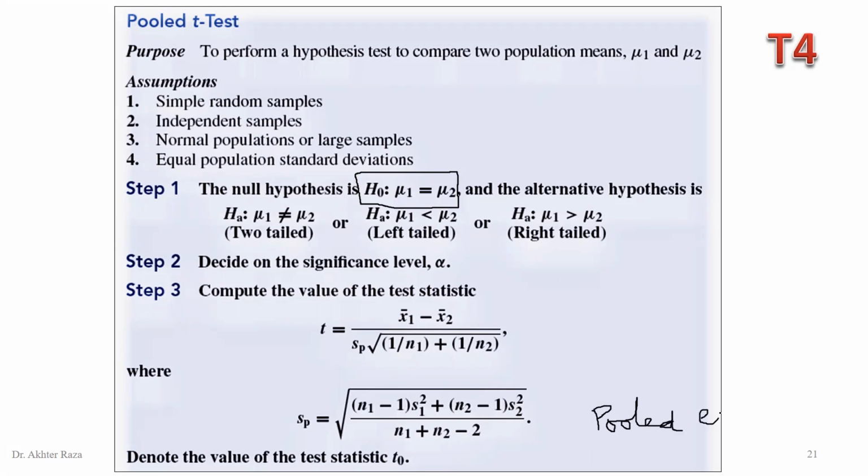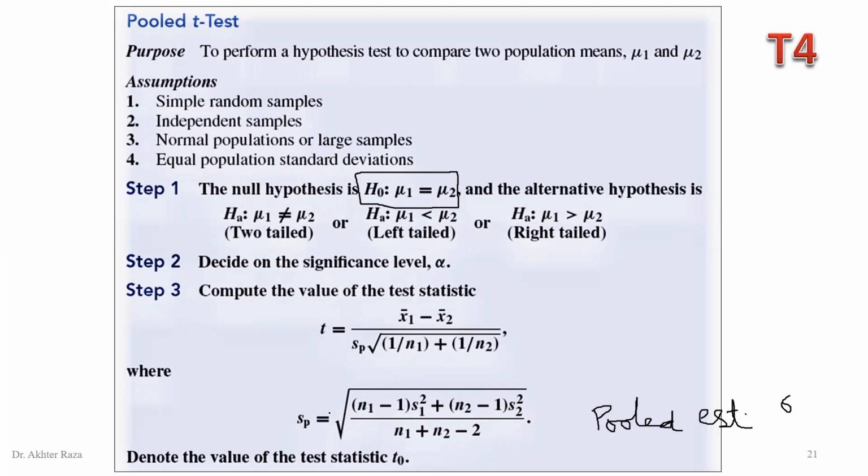Pooled estimate of sigma 1 and sigma 2, the population standard deviations. Why is it pooled? We have sample variance 1 and sample variance 2, and we are pooling these two variances by a combined variance formula. So we are taking the weighted mean of the two variances here. This is called the pooled standard deviation.